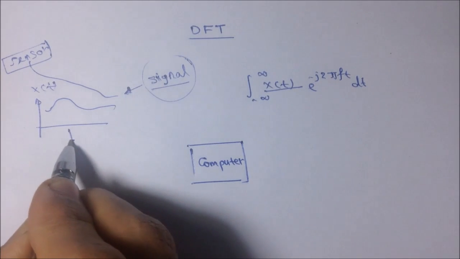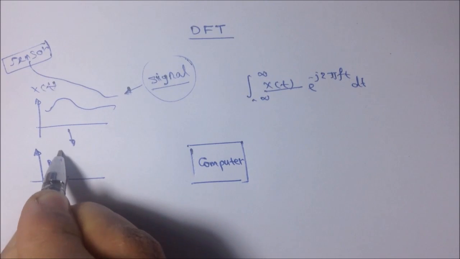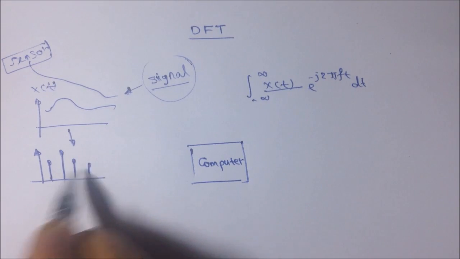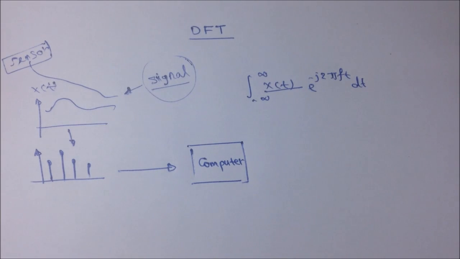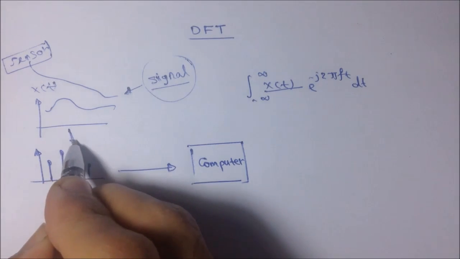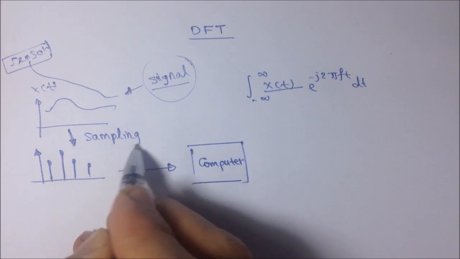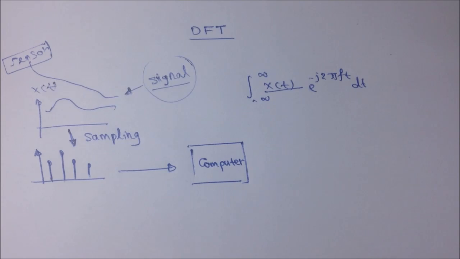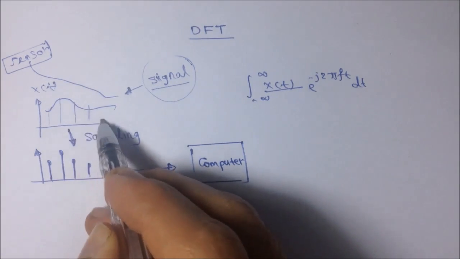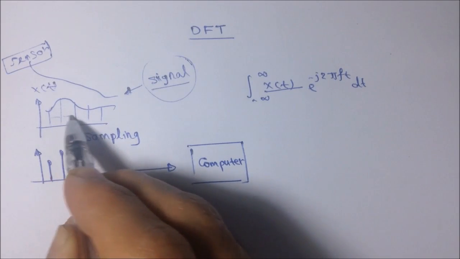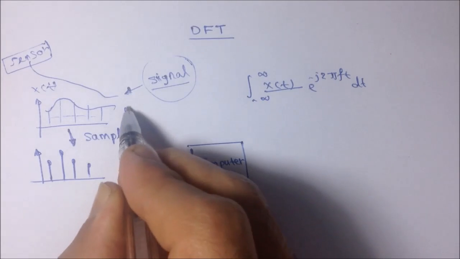We have to sample it into a discrete signal, and then we will use our computer to evaluate the spectrum. This process is called sampling, which is basically a process of taking certain samples of the original signal at an adequate rate called Fs, which is the sampling rate.